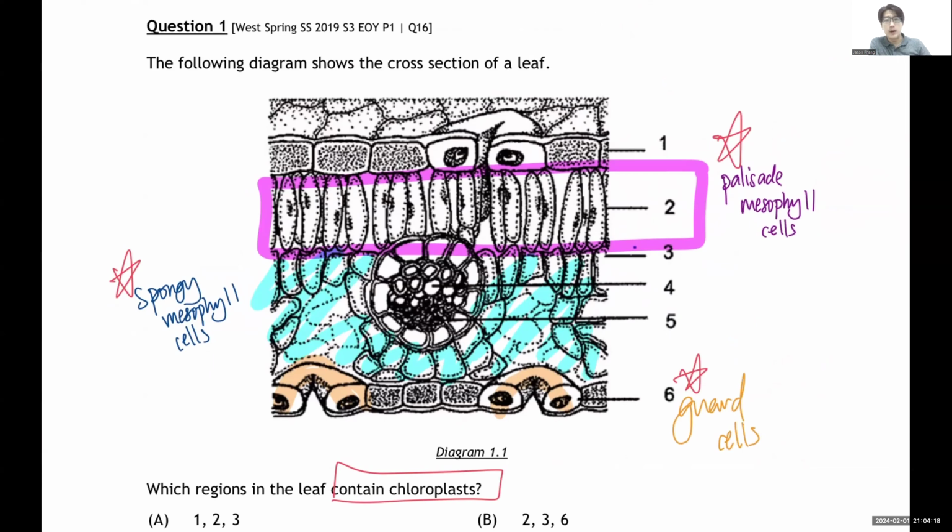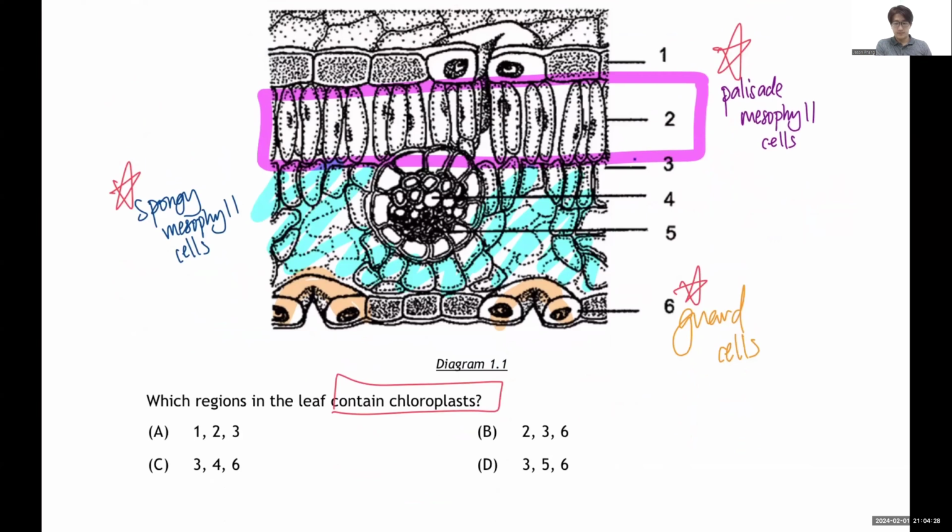I hope this is a good reminder. Please remember palisade mesophyll, spongy mesophyll, and guard cells contain chloroplast. And therefore, you're looking at 2, 3, 6 B. Okay, 236. Let's go.